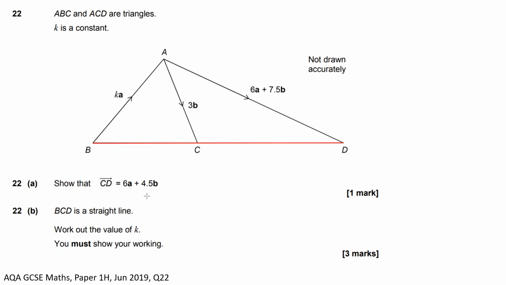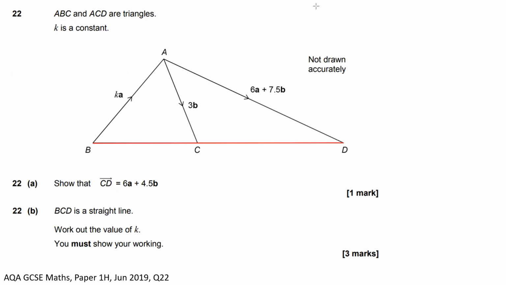And that's important because we know that whatever the gradient of this line is, the gradient of line C to D is the same. And from that, it's telling us that we should be able to work out what k is as a multiple of a. So we know that k something times a is the distance from B to A, and it wants us to work out what that something is.